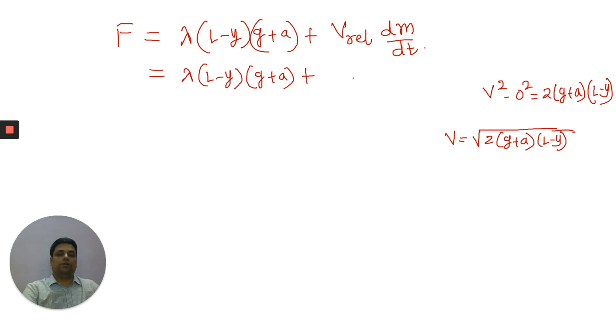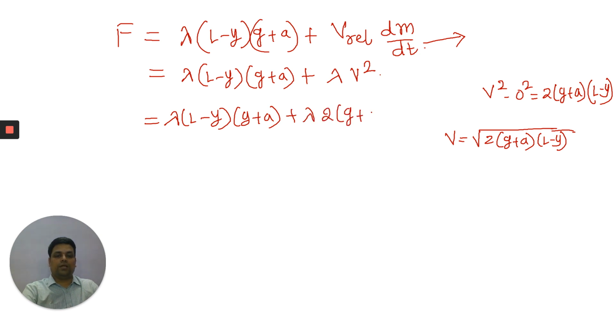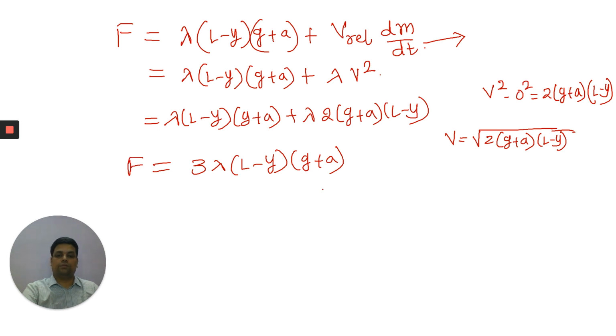And dm by dt is lambda times dy by dt, so we would have it as lambda V squared. So lambda (L minus y)(g plus A) plus lambda into 2 times (g plus A)(L minus y). So we arrive at 3 times lambda (L minus y) into (g plus A). This would be the force.